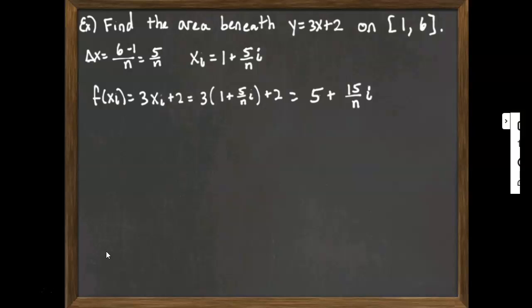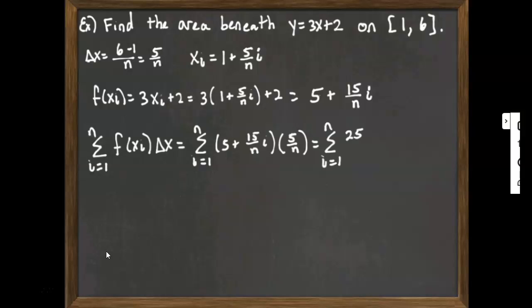And now I just put this into my sum. Sum as i goes from 1 to n of f of xi times delta x. So we plug that in. f of xi, there it is, 5 plus 15 over n times i, times delta x.